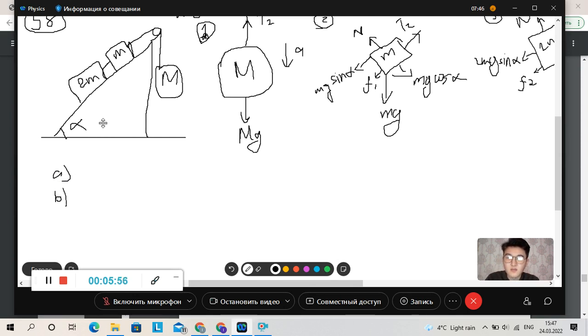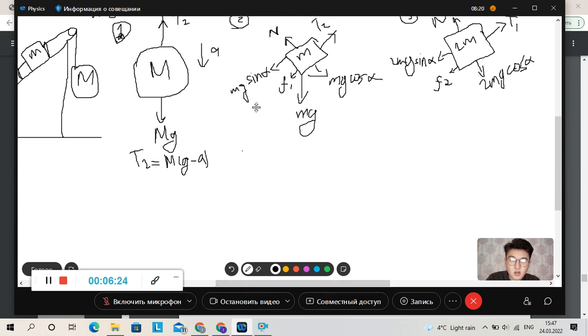We need to find first in part A the mass of M, and in B we need to find T1 and T2. T2 is equal to mg minus ma. This is Newton's law.